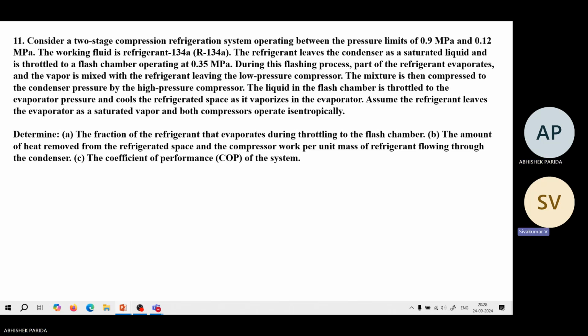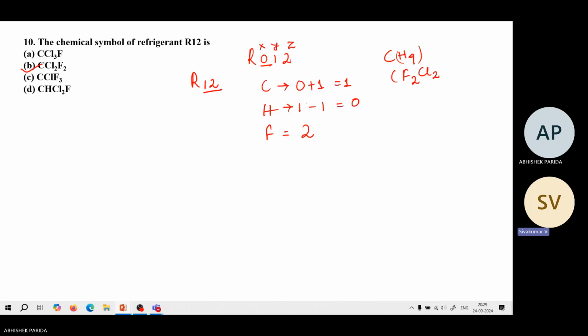Sorry for the interruption, sir. In the previous R12 chemical formula calculation, for the number of chlorine, can we use the formula 2 into X plus 2 minus Y minus 1 minus Z? Yeah, no problem.